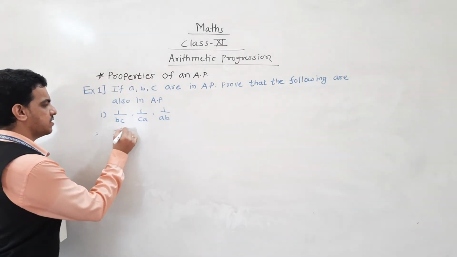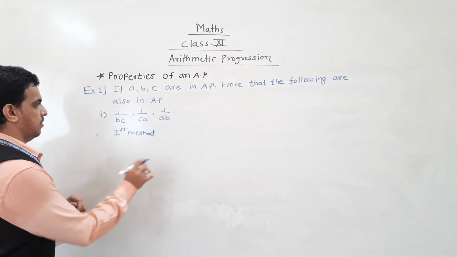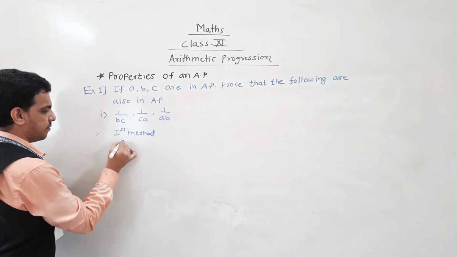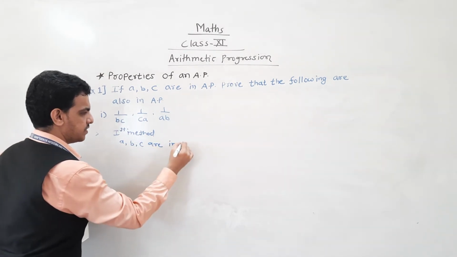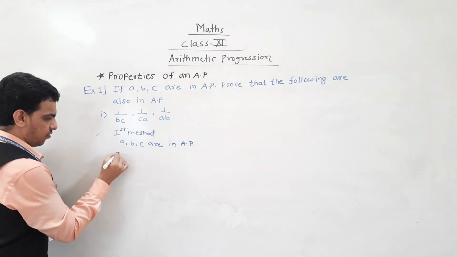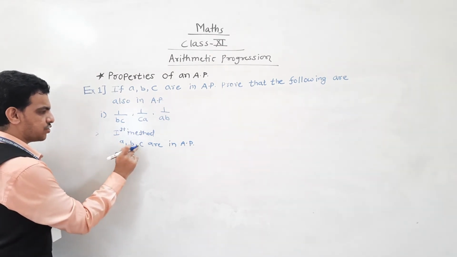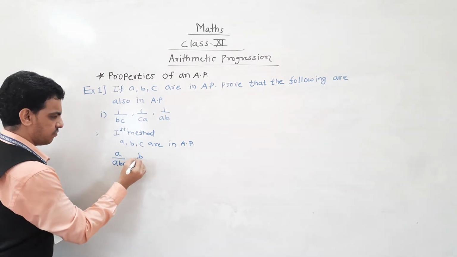So first method is, if a, b, c are in AP, okay. Now I am dividing each term by a into b into c.